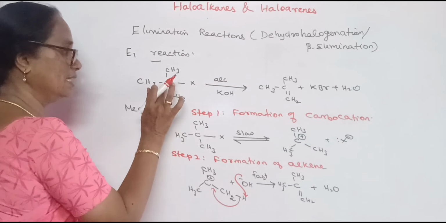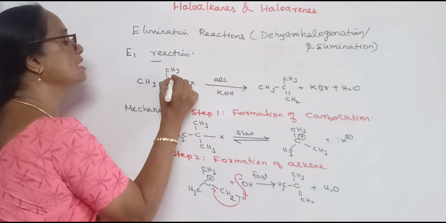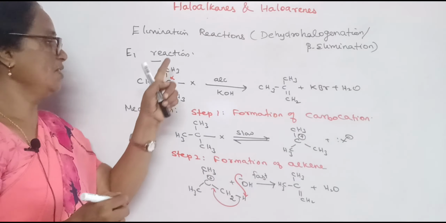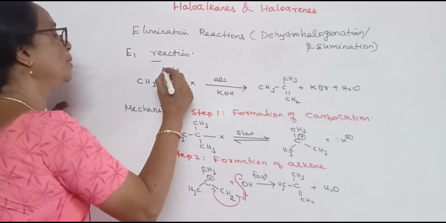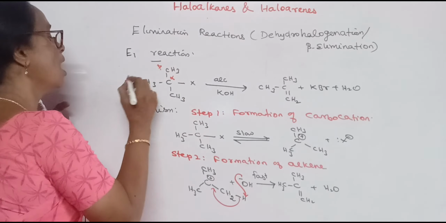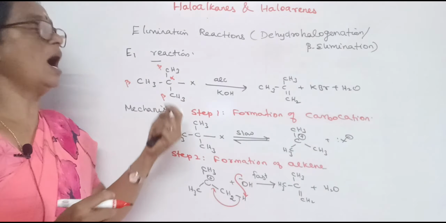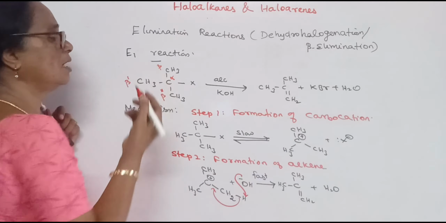In this case, this is the functional carbon to which the halogen is attached, so this is the alpha carbon. Besides this alpha carbon, we have three more methyl groups. All of them are beta carbons because all the alkyl groups are similar, and those are referred to as beta, beta dash, beta double dash.